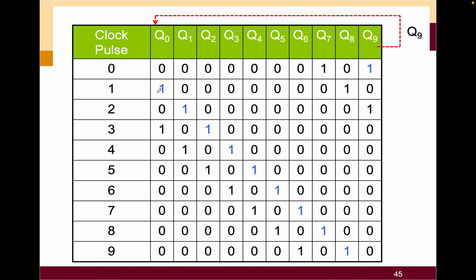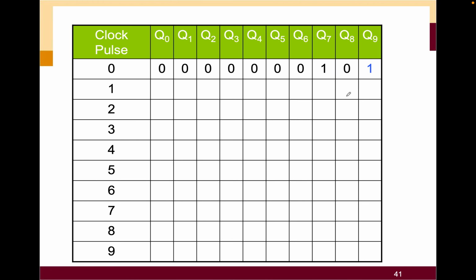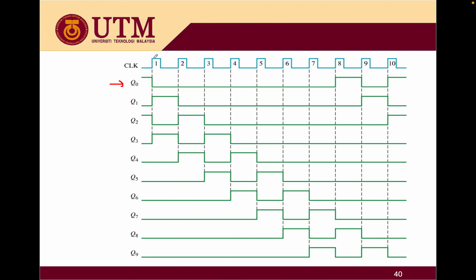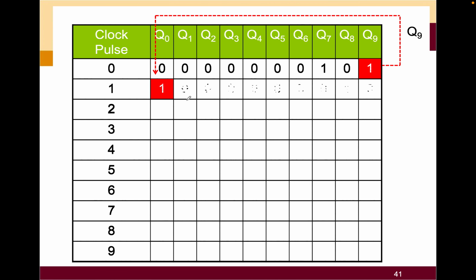For clock 1, Q0 will be 1 0 0 0 0 0 1 0. Let's check the table. Clock 1 is 1 0 1 0 0 0 0. Clock 2, what is your clock 2? Okay, this is your clock 1.